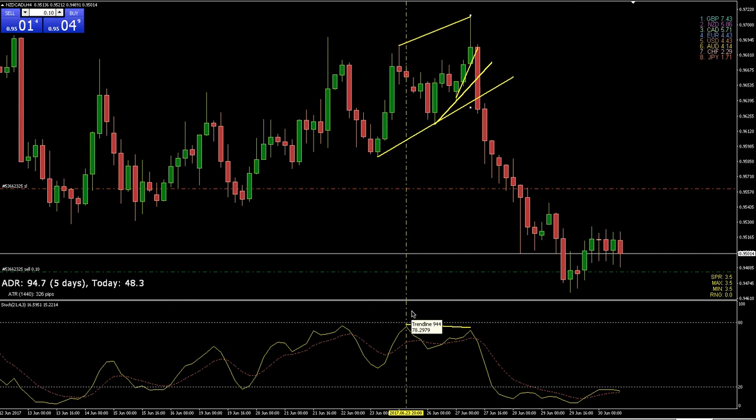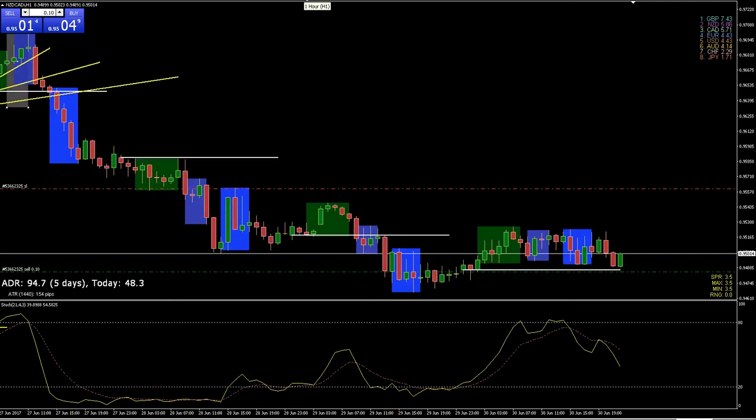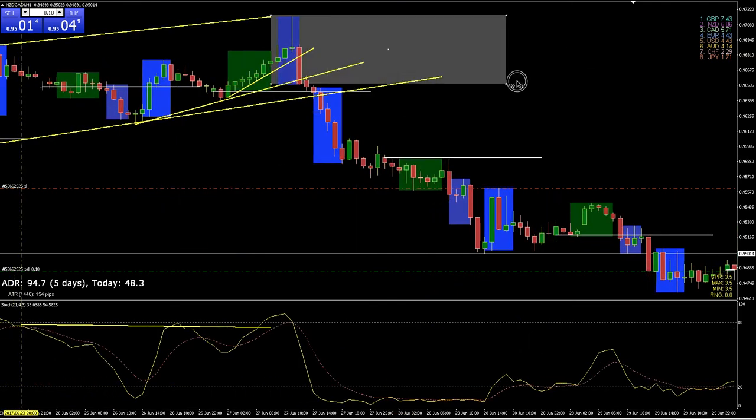So if you're being very strict with those rules, then this would not be a trade either, because we did not have a breach of 80, at least on the 4 hour.